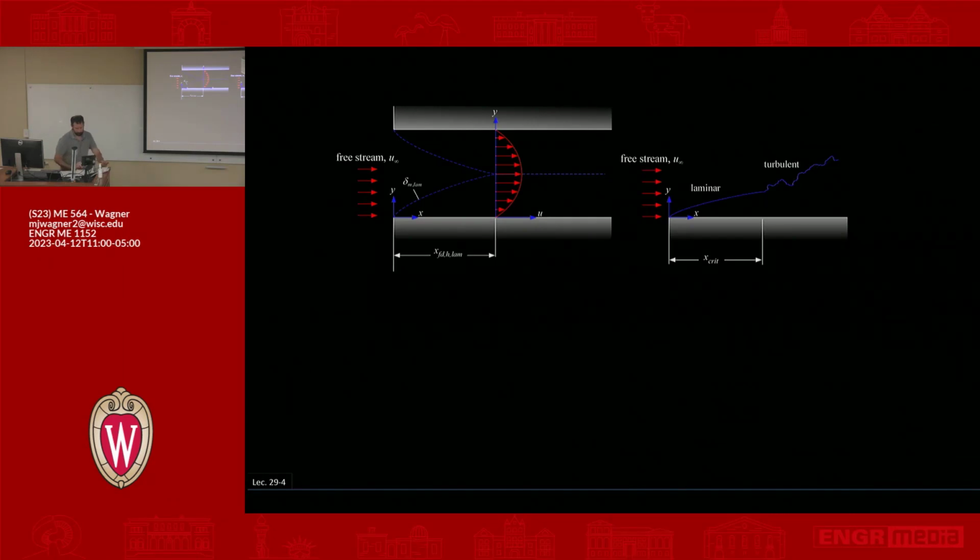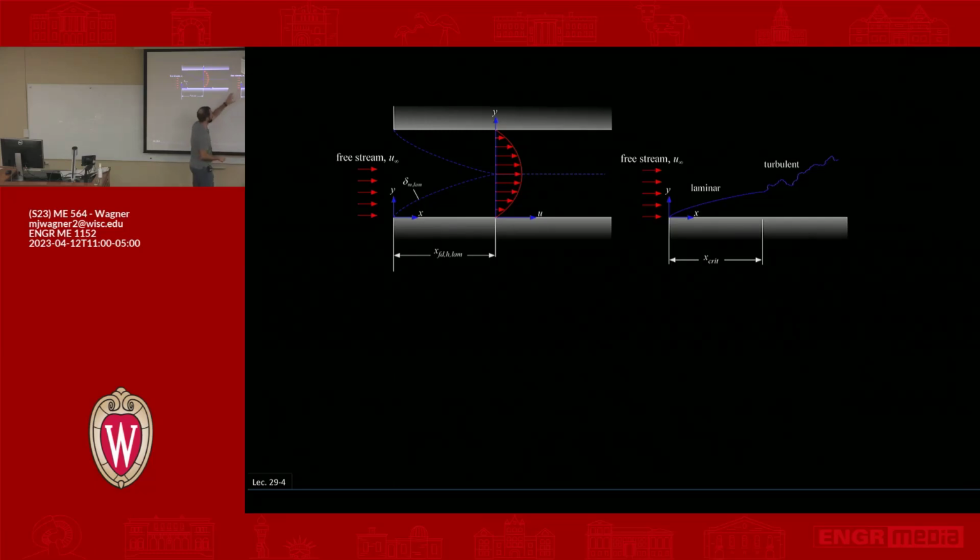Remember the concepts here. Here's our laminar condition: we have velocity coming in, and it eventually becomes fully developed. That growth is proportional to the square root of x. When you get to a turbulent condition, that growth really takes off.